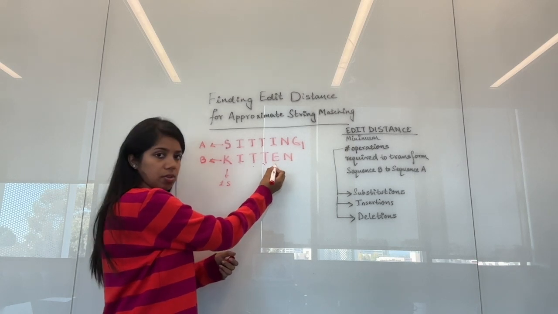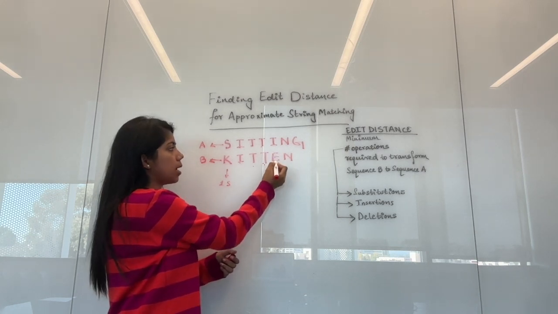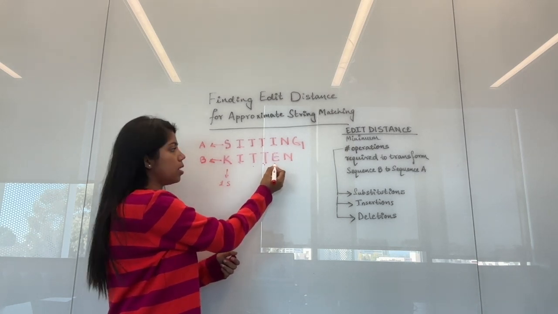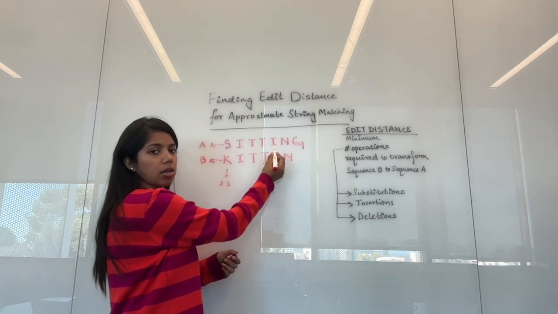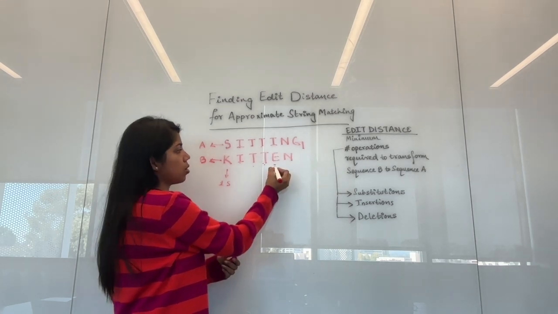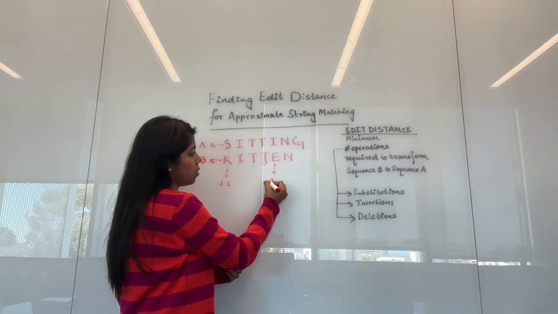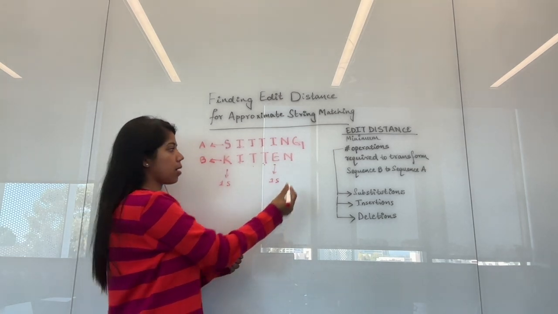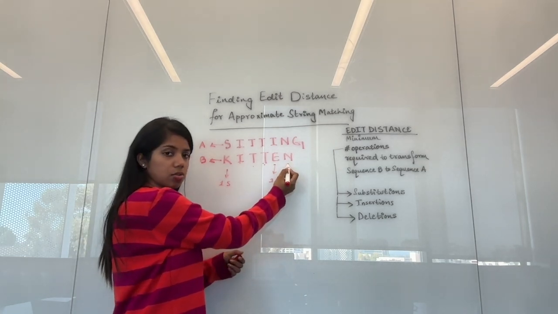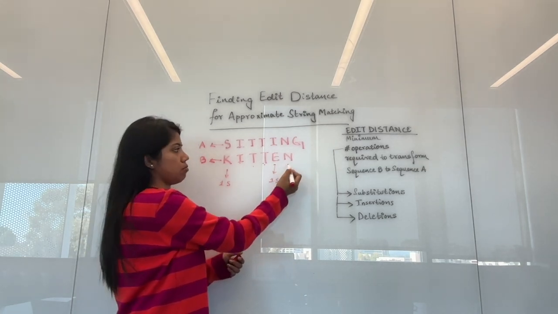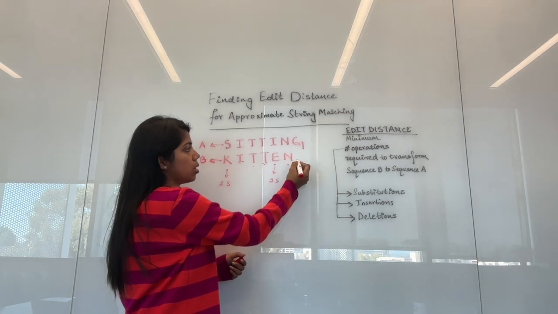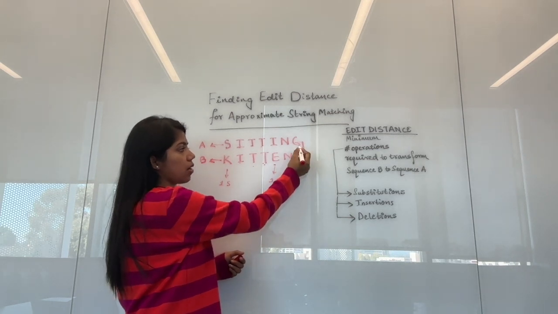Now coming to this, E and I, they both don't match. That means E needs to be substituted to I so that they both match. So here also we need one substitution operation. N and N perfectly match, so we don't need to do anything over here. Here there's nothing, but we have a G over here.